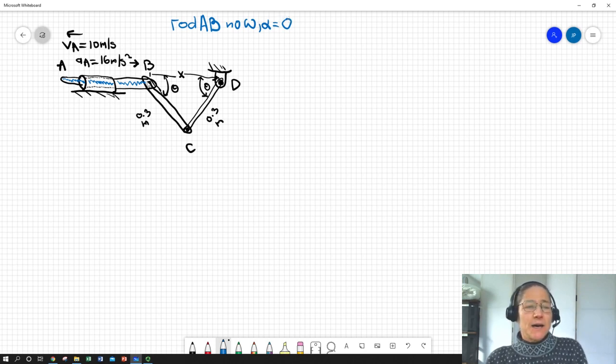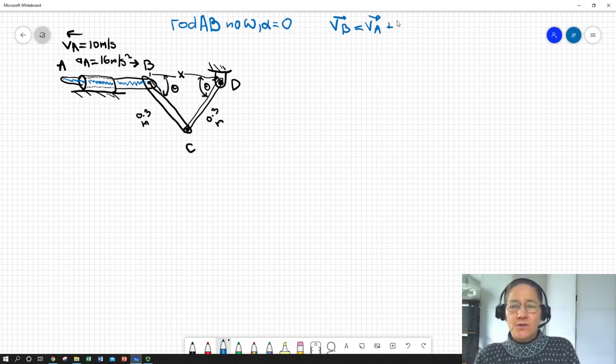So basically, if we were to relate the velocity of point B to the velocity of A, using our general relationships for two points on one rigid body, we could write all of that out and say, oh, that's zero.